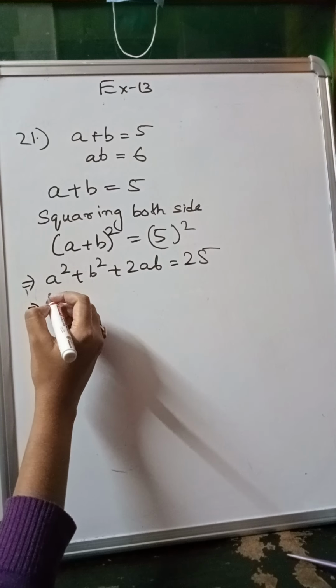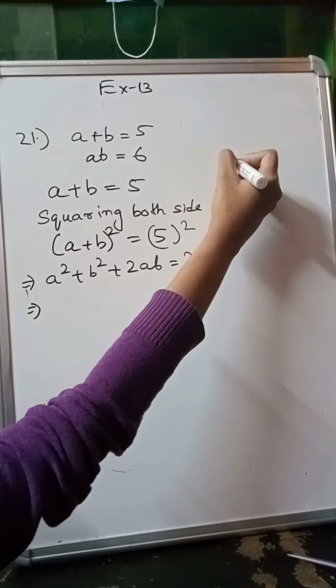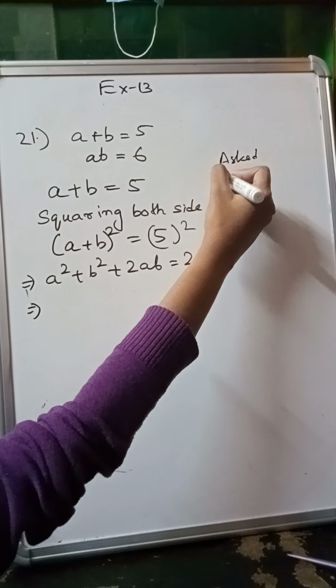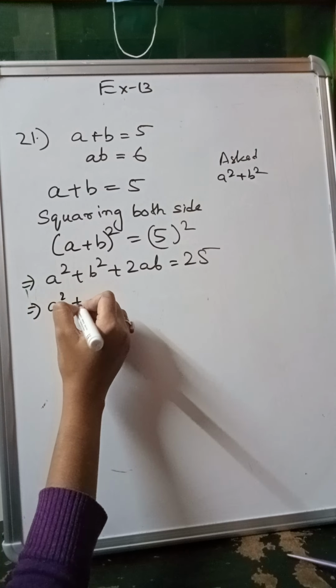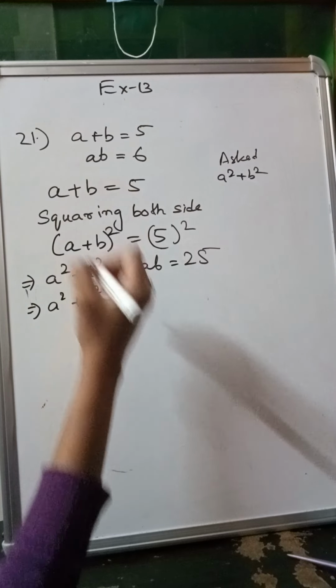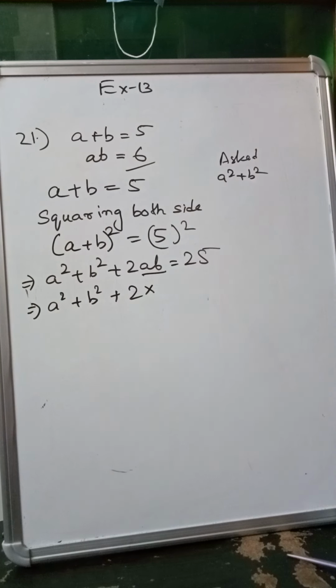So we have been asked to find out the value of a square plus b square, right? We know the value of ab, it is given here, it is 6.